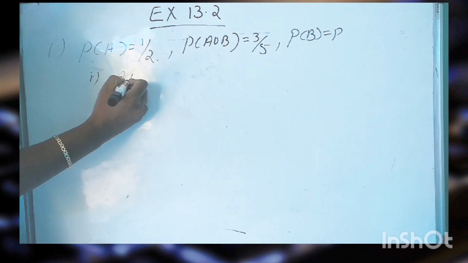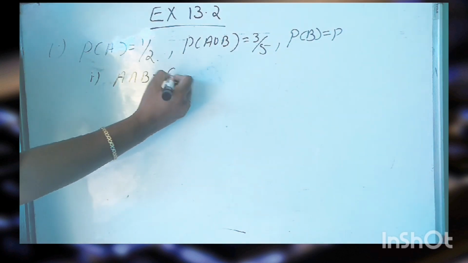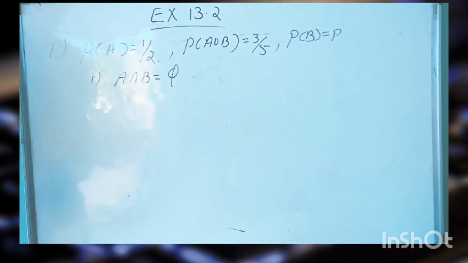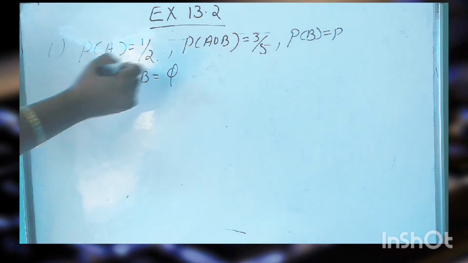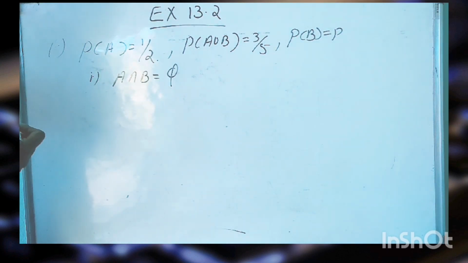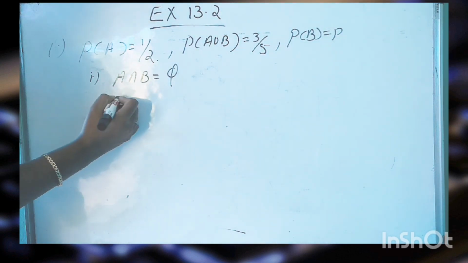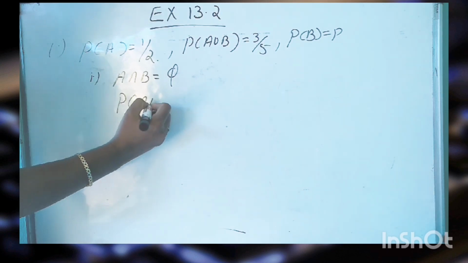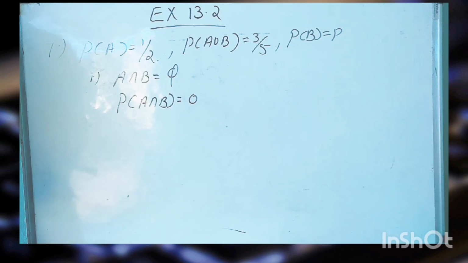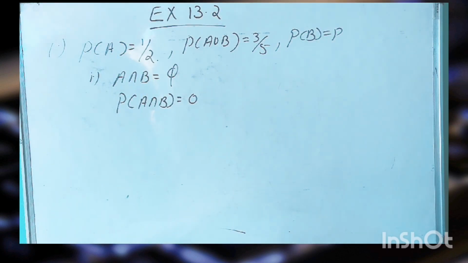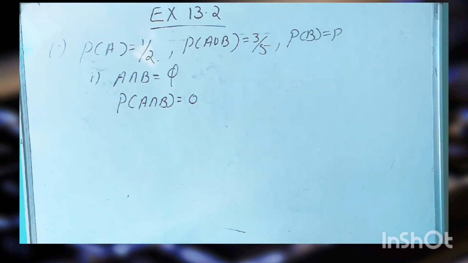That means A intersection B equal to phi. If A and B are mutually exclusive, then A intersection B is equal to phi. If A intersection B is equal to phi, then probability of A intersection B is equal to 0.